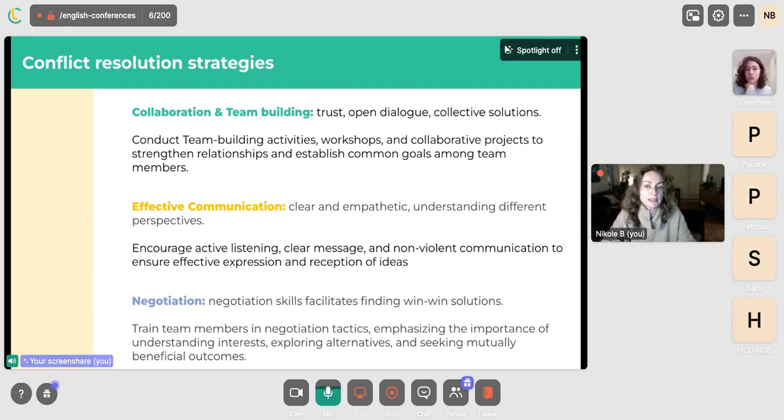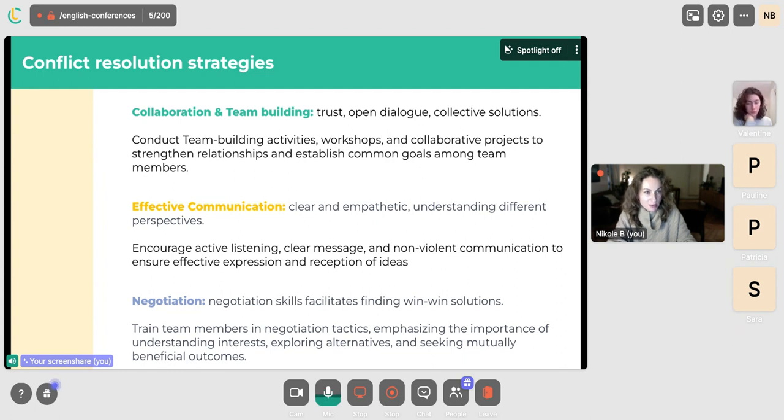You want to do things like team building activities, workshops, projects where people have to work together, okay? All of these kinds of things are going to strengthen relationships and they're going to establish common goals among team members. Okay?